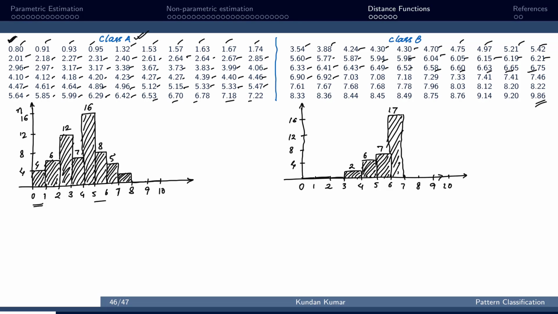Between 7 and 8: 1 through 14, so 14 samples in this bin. Between 8 and 9: 1 through 11, so here 11 samples.